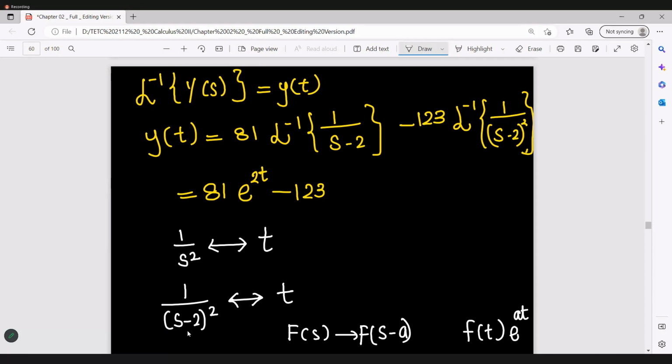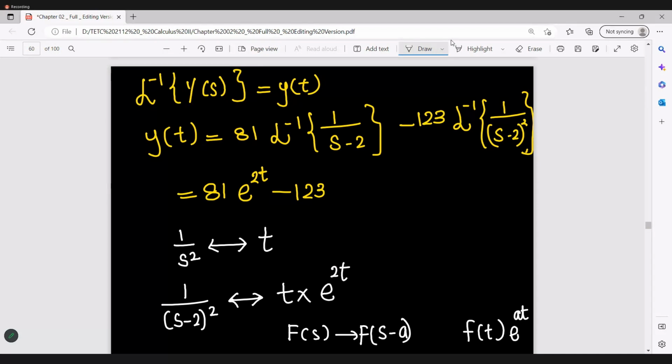So the original function t should be multiplied by e to the power 2t, because the value of a here is 2.